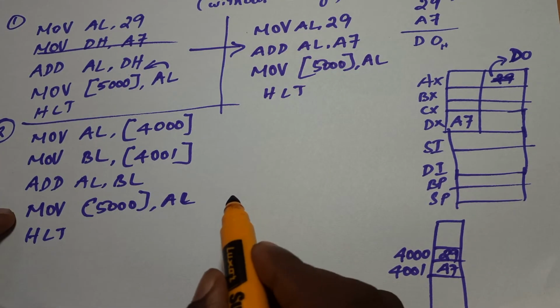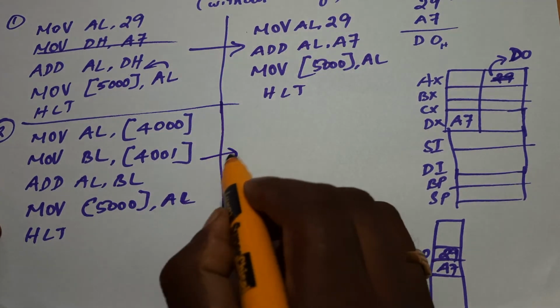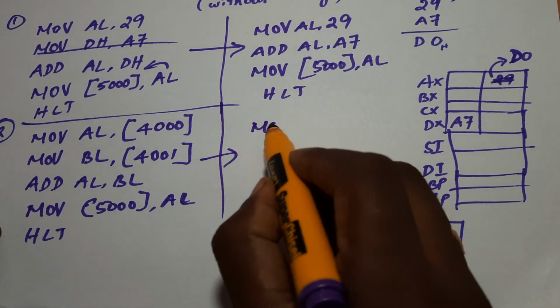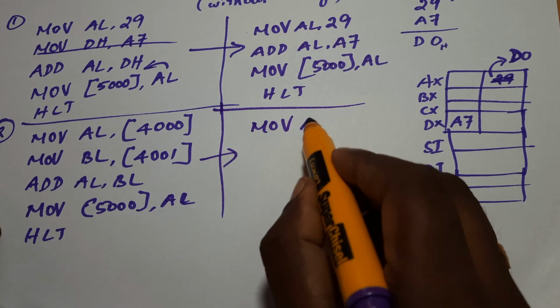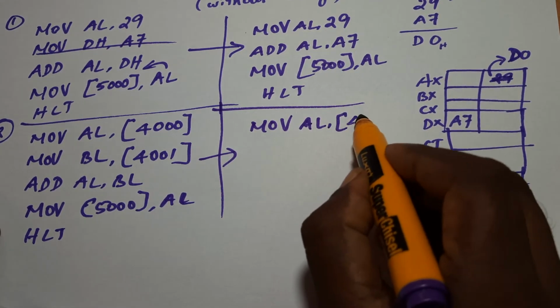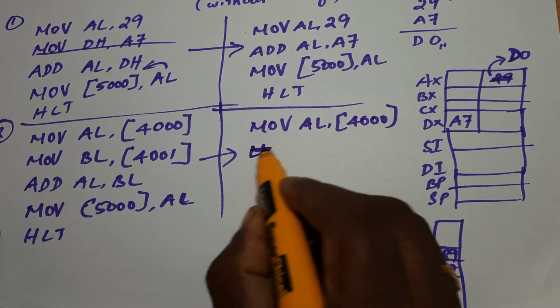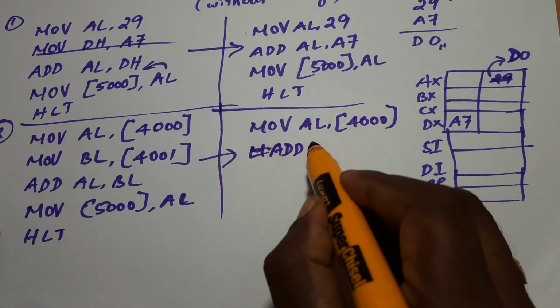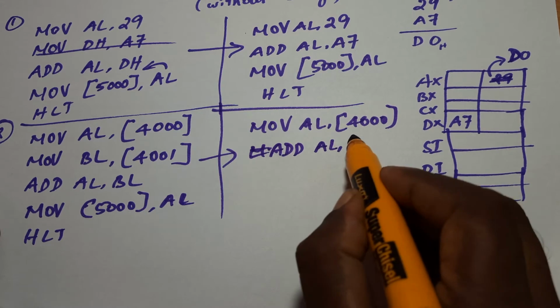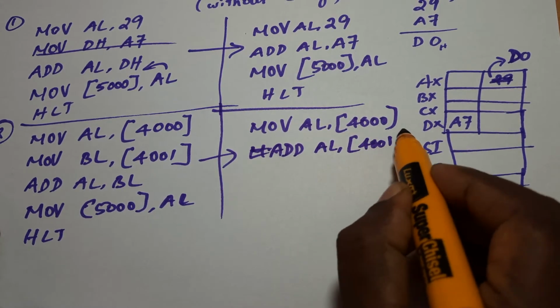And the next, in this also it is possible. Yes, so the same thing can be written like that. So it is move AL comma 4000 and then add AL comma content of 4001.